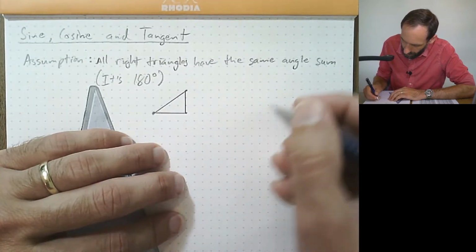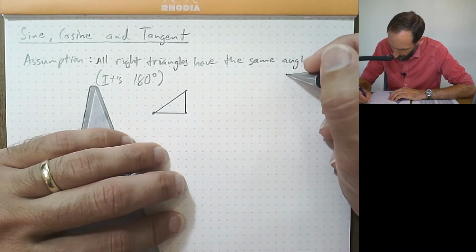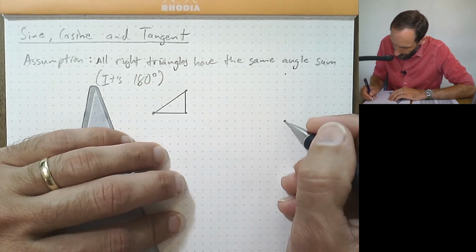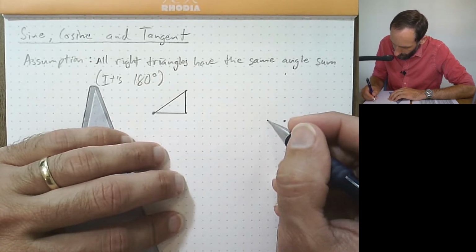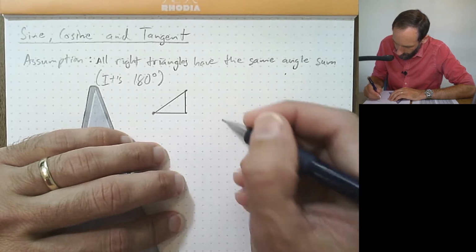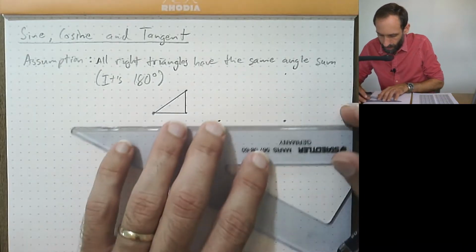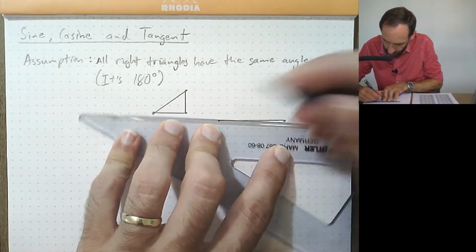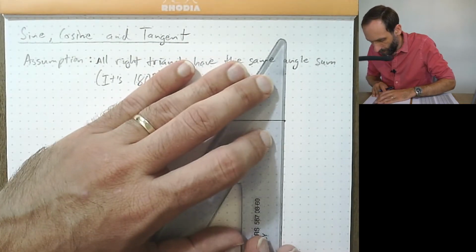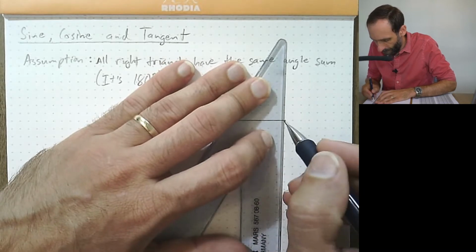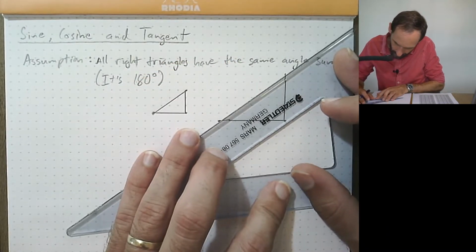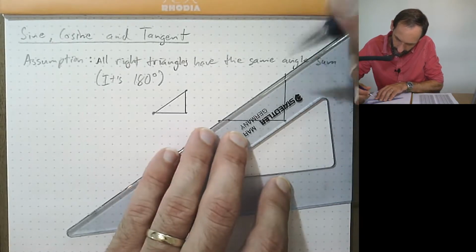So instead of 3, I'll do 6, and then 2, 4, 6, 8 here. So let's go ahead and draw in this larger triangle.